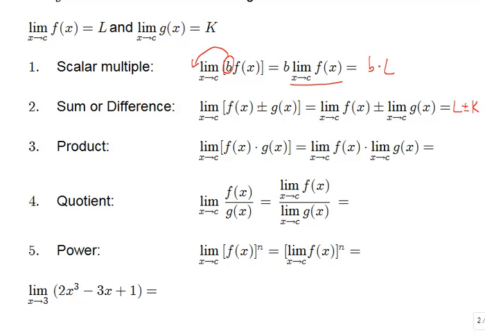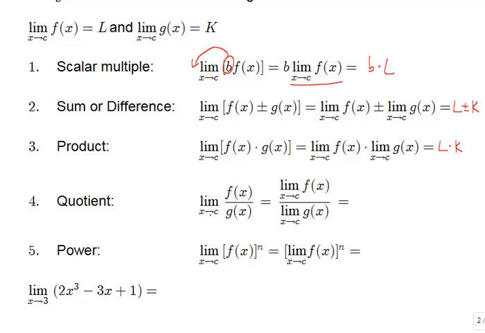So again, the limit of a sum or a difference is the sum or difference of the limits. It's very similar for the product. The limit of a product is the product of the limits. So first you find the limit of f, which is our L, then you find the limit of g, which is your K, and then you multiply those together.